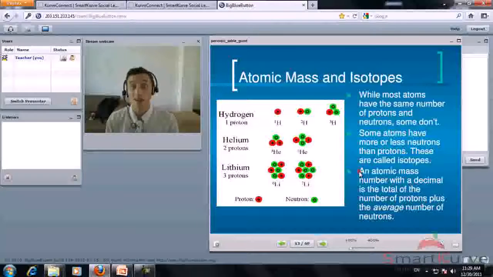So we're dealing with an average there. That's why you have the decimal. Most of the time, hydrogen will have one proton and no neutrons. But hydrogen can, on rare occasions, have a neutron. That's why the mass number is pulled up slightly above 1.